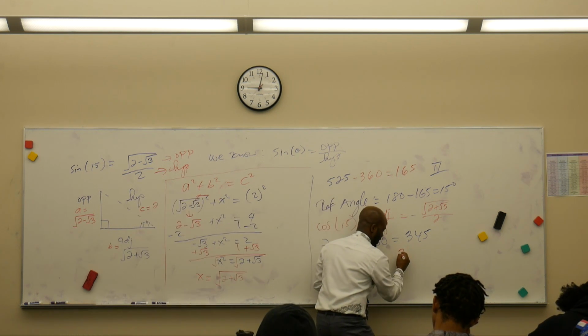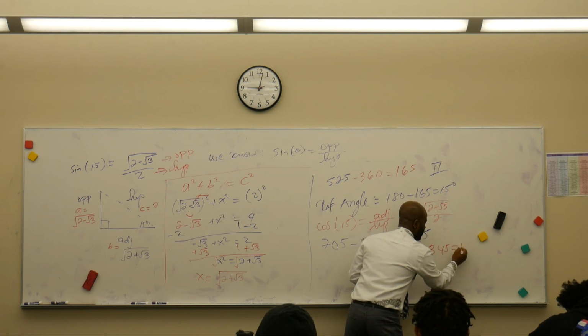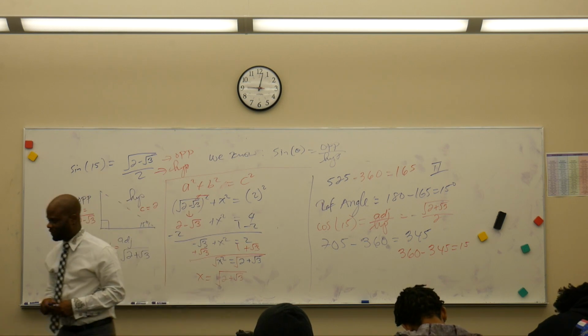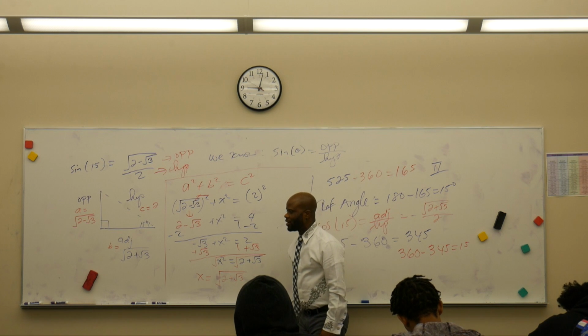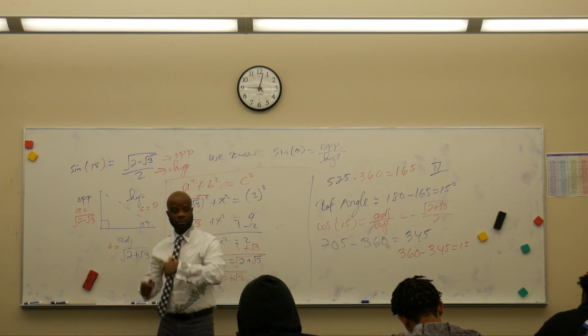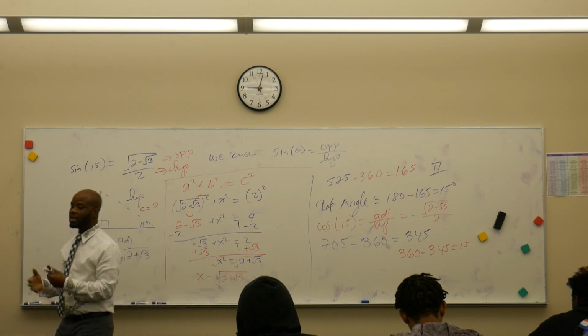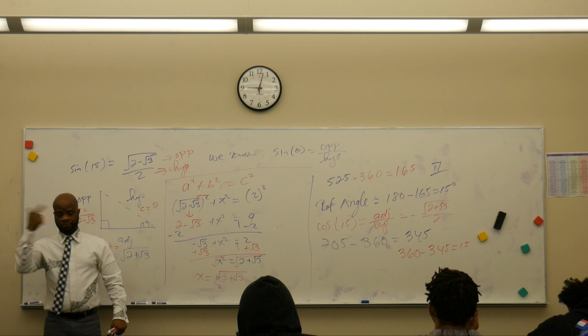How did we get that? 360 minus 345. 15 degrees. Do we know the cosine value for 15 degrees? Yeah, we just found it. But we're in quadrant 4, so it should be positive. Do we know the sine of 15 degrees? Yes, it's given to us. But we're in quadrant 4, so it should be negative.